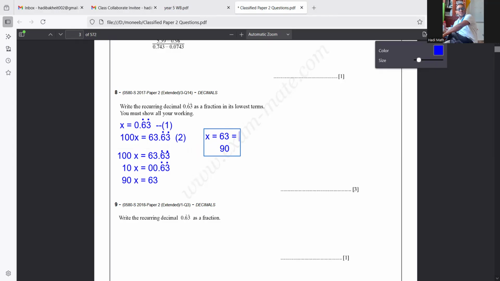So 63 divided by 9 is equal to 7, and 90 divided by 9 is equal to 10. So it's equal to 7 over 10.